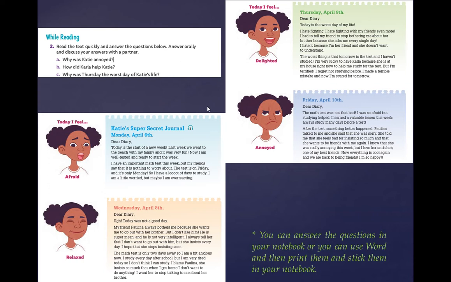Maybe you can share your ideas with your mom or dad, but you need to write your answers in your notebook. Why was Katie annoyed? How did Carla help Katie? And why was Thursday the worst day of Katie's life? Okay, you're going to read very quickly and you're going to answer those questions in your notebook.